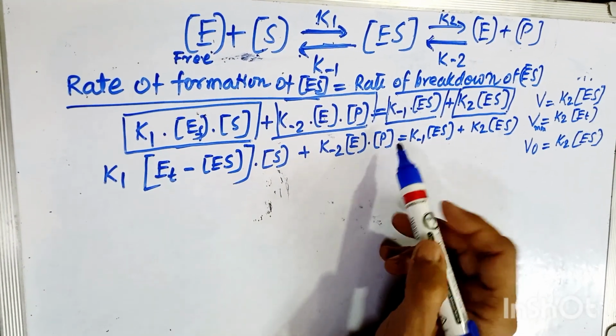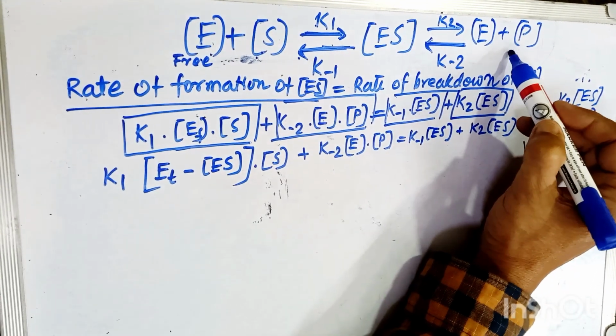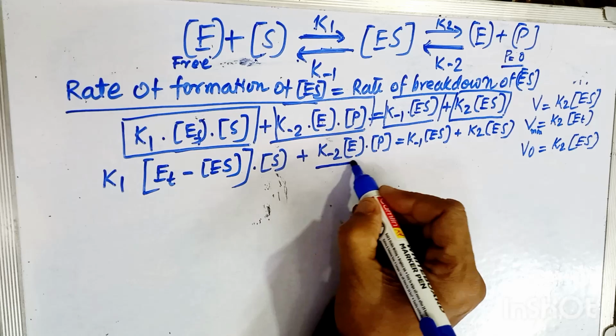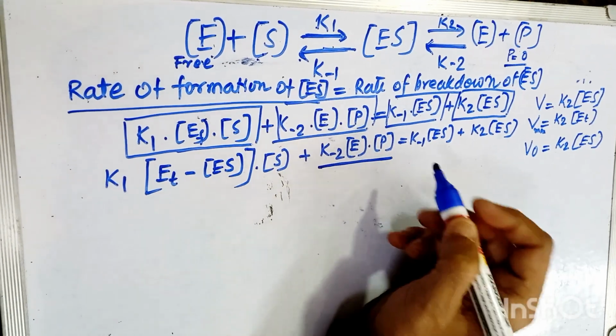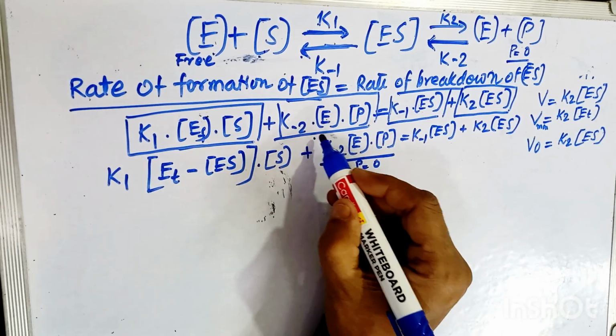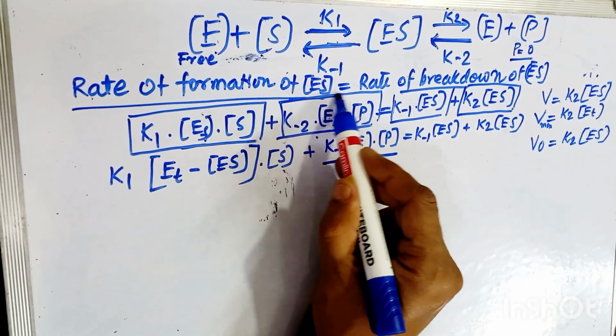Now in the initial part of the reaction, product is equal to 0. So this part can be safely ignored, because in the initial part P is equal to 0, and this expression can be ignored.